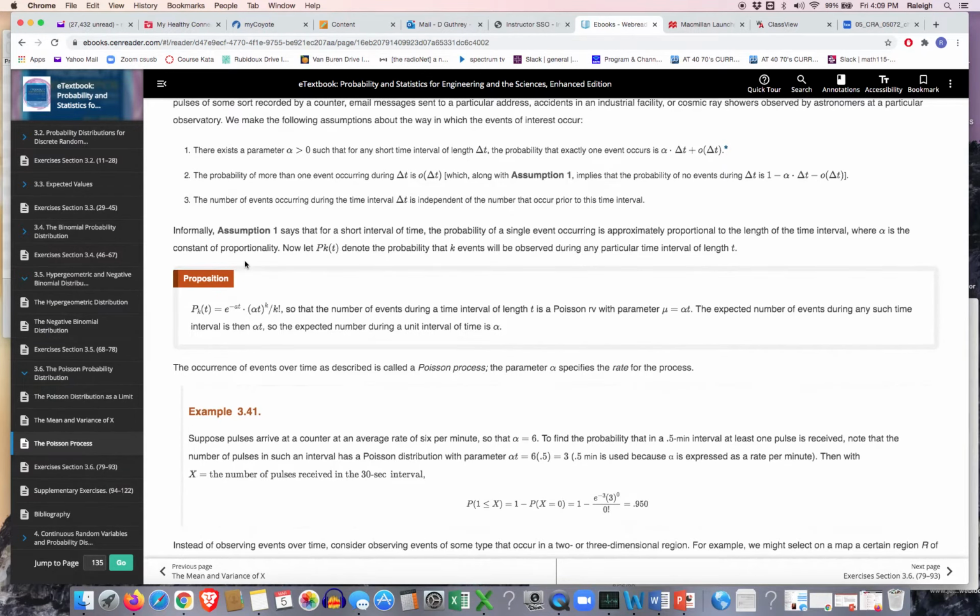And they've really just used, well, let's see this. The first assumption says that alpha must be greater than 0. And for a short interval of time, the probability of a single event occurring is proportional to the length of the time interval. So the longer time you let something have the opportunity to occur, you would have a higher probability, or a higher average, you could say.